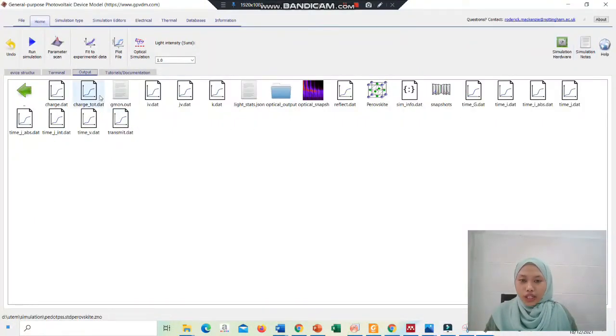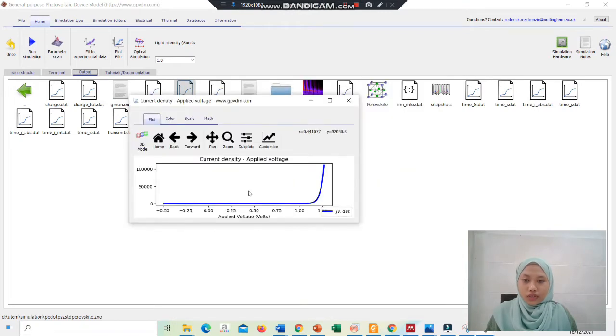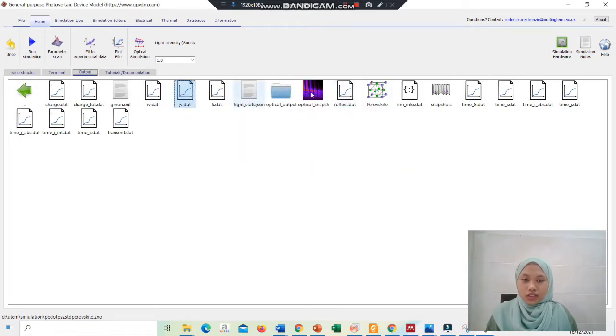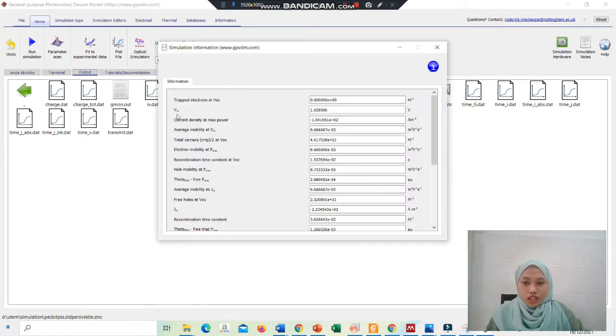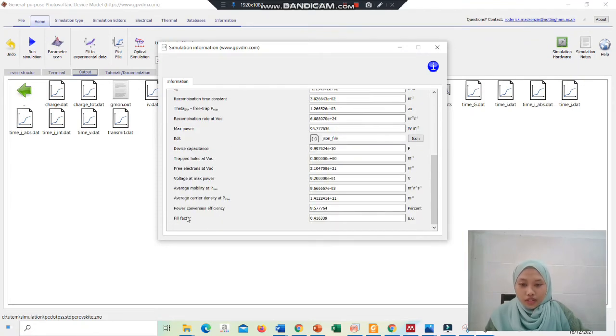As we can see from the output, we can have the result for JV curve, IV curve, and we also know the other value at SIMInfo.net, which are VOC, JSC, fill factor, and power conversion efficiency.